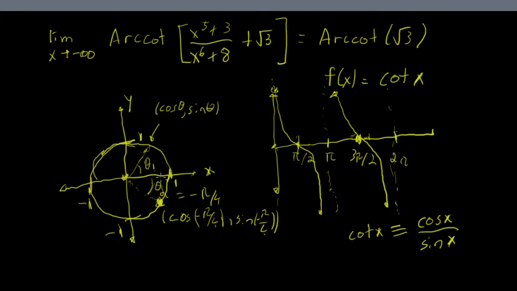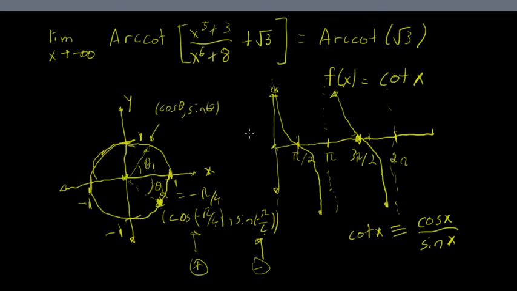And you can tell here that the x coordinate is positive, so cosine will be positive here, and sine will be negative here. So what does this have to do with the cotangent function? Well, cotangent of x is defined to be cosine of x over sine of x.